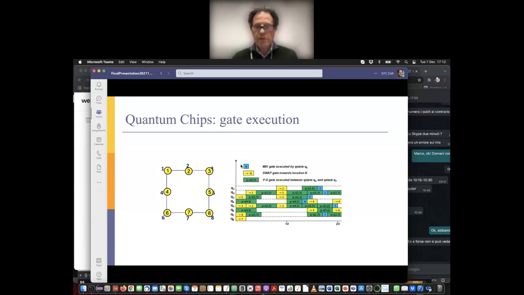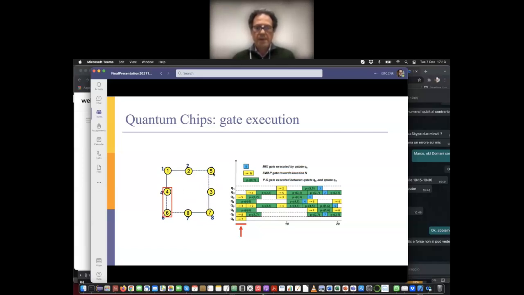Executing the algorithm means executing all the blocks in the circuit. First we map the initial state onto the processor, and next we go to the execution. First we execute the gate between states 4 and 6. They are adjacent, allocated on a physical link, so we can execute it.